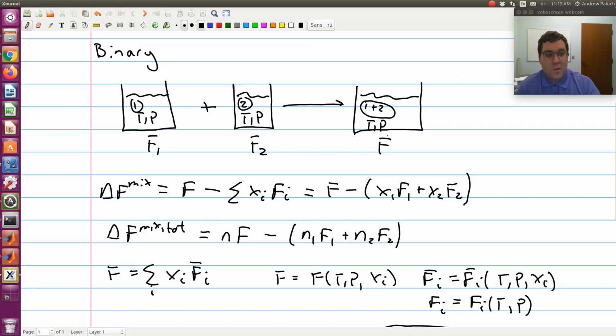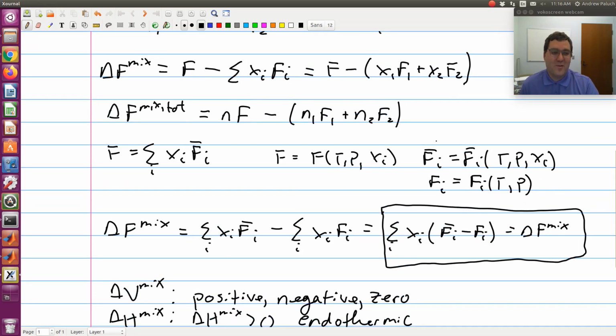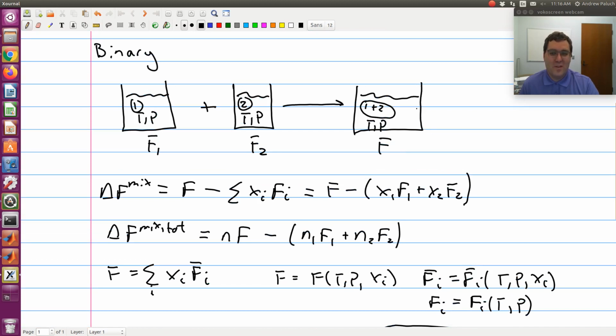So what would happen, right, is for that process, I don't have a homogeneous solution that forms because it would result in a delta G of mixing that's positive, right? That's unfavorable, right? That means that the Gibbs free energy of my mixture is increasing, which thermo tells us is not what I would expect to happen at equilibrium at a given T and P, and so I would get phase splitting so that my system can reduce its molar Gibbs free energy.